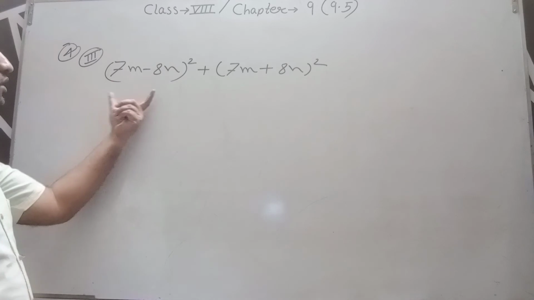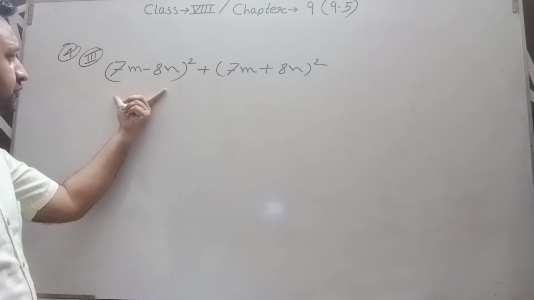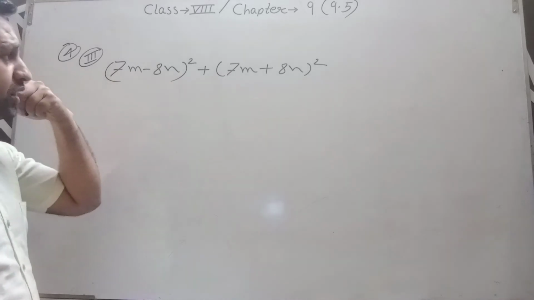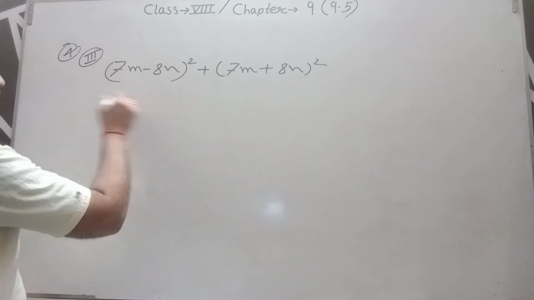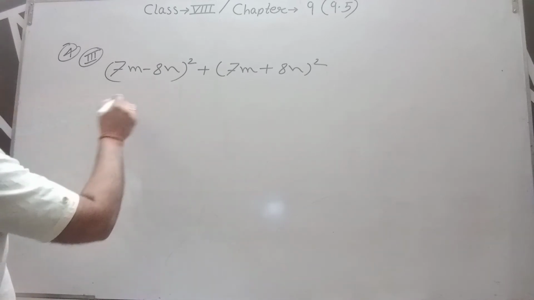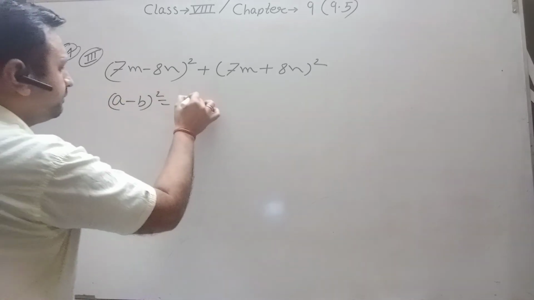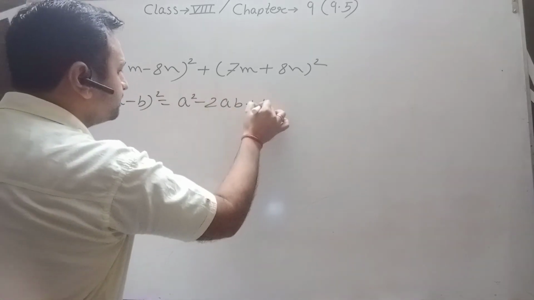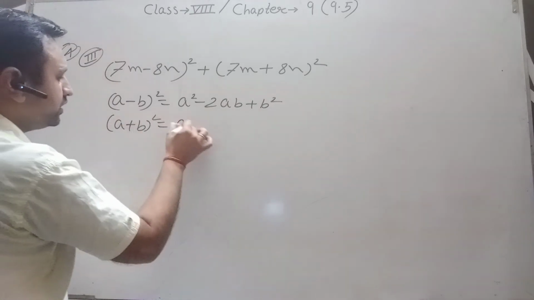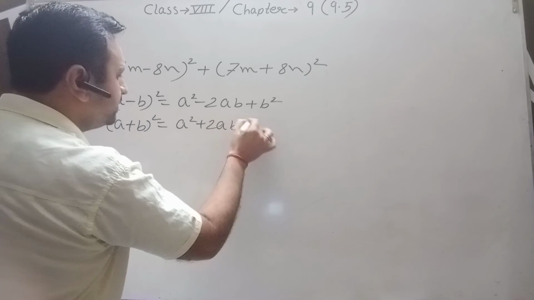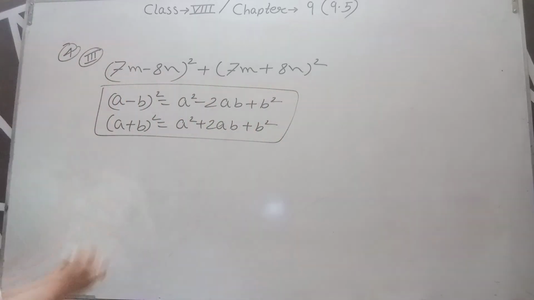So in both we can use different entities. In this term we use (a minus b) whole square, and in this we use (a plus b) whole square. So we note down both entities: (a minus b) whole square is a square minus 2ab plus b square, and the second entity (a plus b) whole square is a square plus 2ab plus b square. And we note down the required entities in a box.